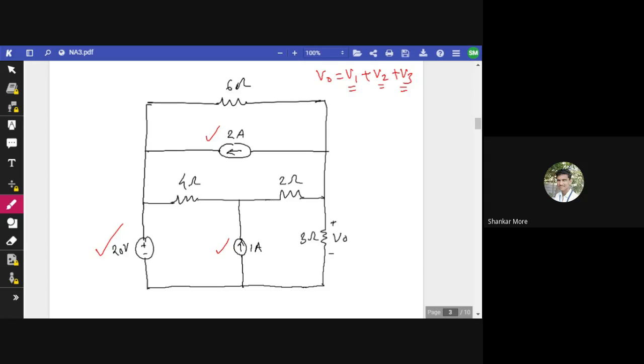Good. v2, is it minus 30 or minus 3? If it is minus 30 then it's wrong.